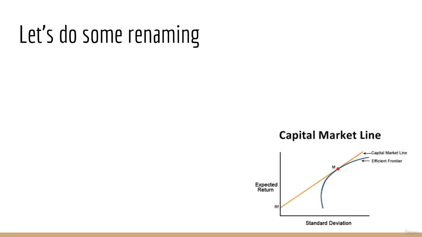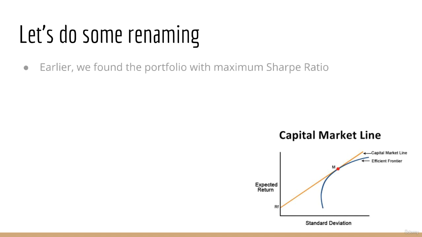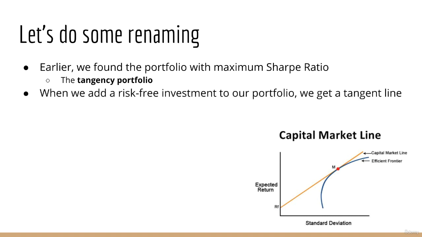So what do I mean by that? Well, earlier, we looked at the portfolio with the maximum Sharpe ratio. We call this the tangency portfolio. Why? Because when we invest in this portfolio, in addition to a risk-free asset, we get a line tangent to this point on the efficient frontier. So the CAPM simply renames these items.